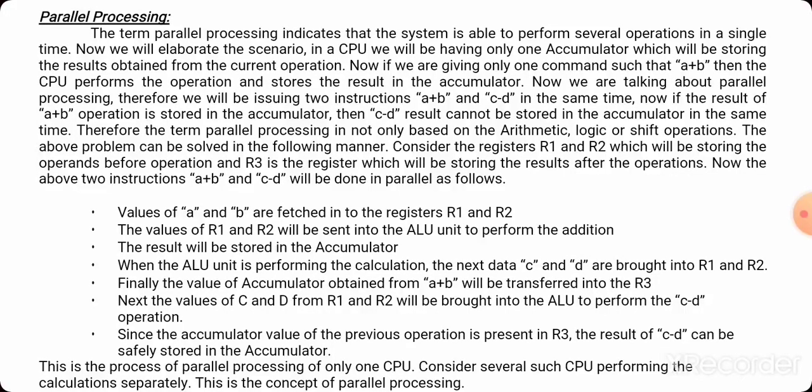Values of A and B are fetched into the registers R1 and R2. It means R1 will store the A value and R2 will store the B value. Fetched means taking.